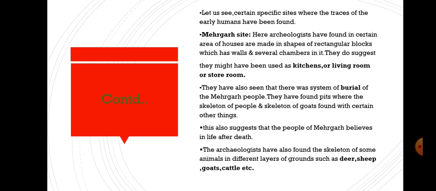Now we are talking about the second image. The archaeologists also saw that there was a system of burial among the Mehrgarh people. It was a totally new finding for the archaeologists that early people believed in life after death, because of whatever they extracted from the ground and saw in the burial sites.